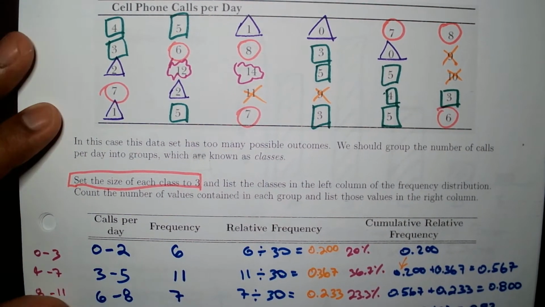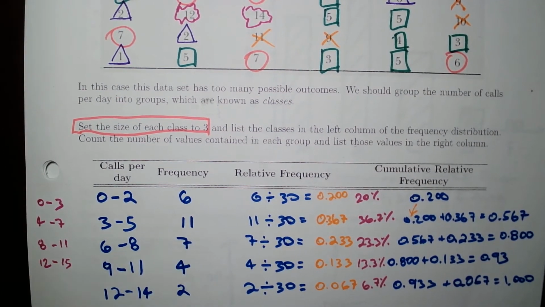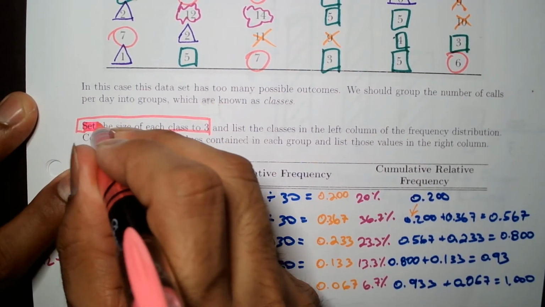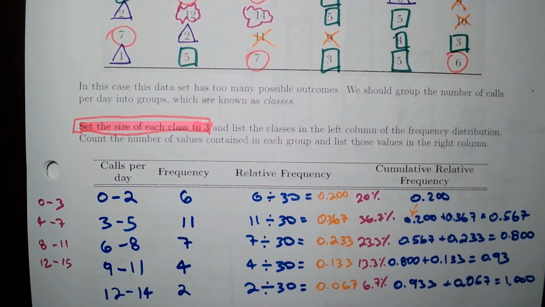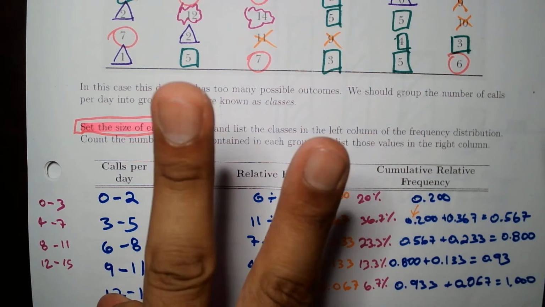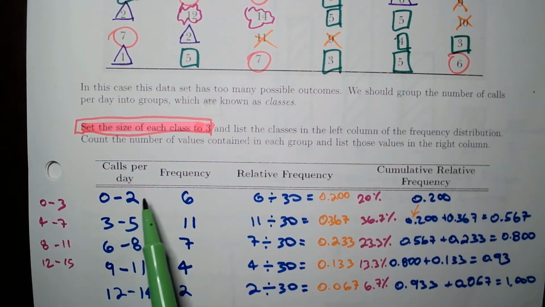In this case, I'm going to start with the lowest outcome. The fact that the size of the class is 3 means that if I start with 0, that's the first in the class, then 1, 2. Well, 0, 1, and 2, that's 3 elements.